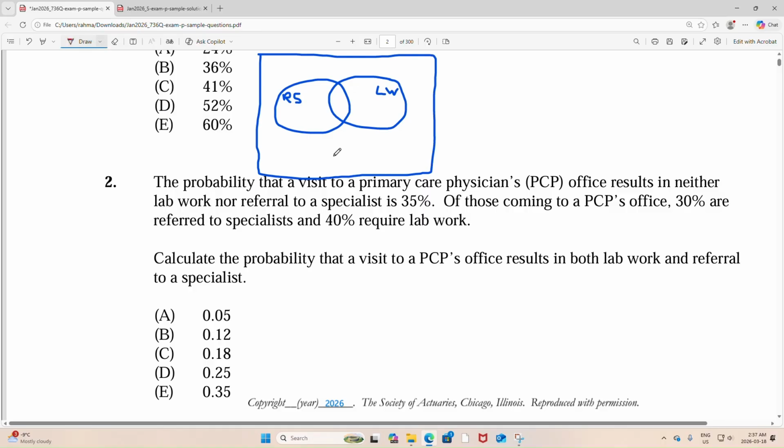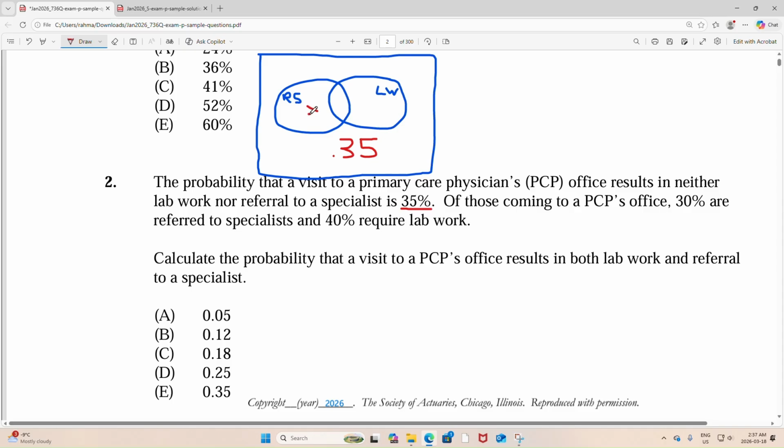And we're told that the probability that a visit results in neither of these two cases is 0.35. So that means straight away this outside area is all 0.35. And then we're told that 30% are referred to specialists. So here and here is 30%, and 40% require lab work. So that's here and here.